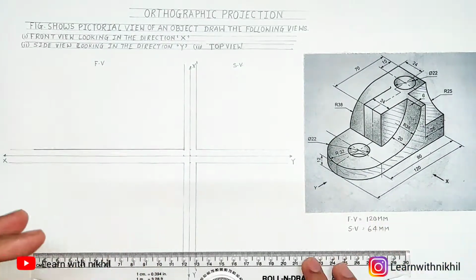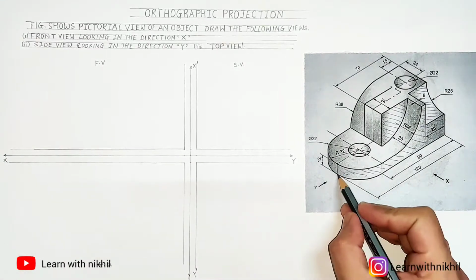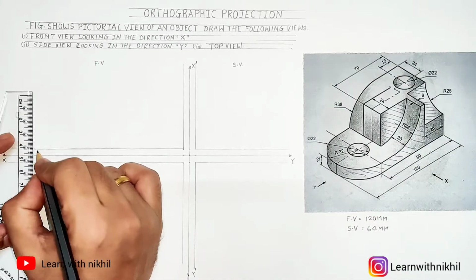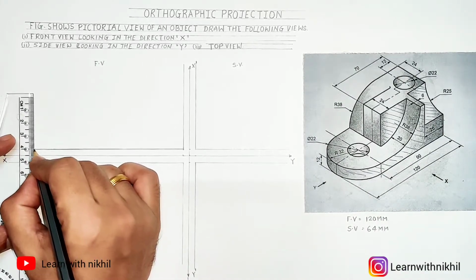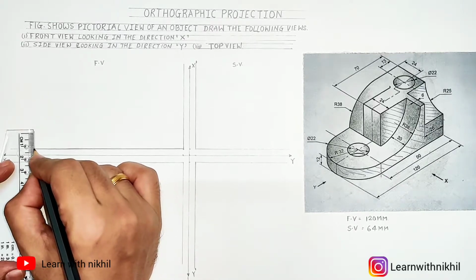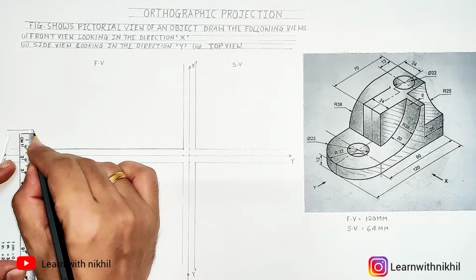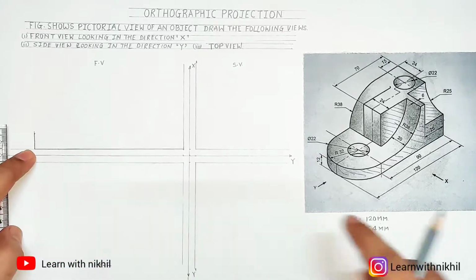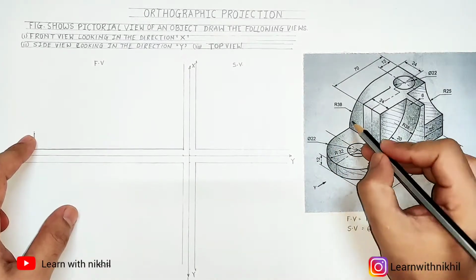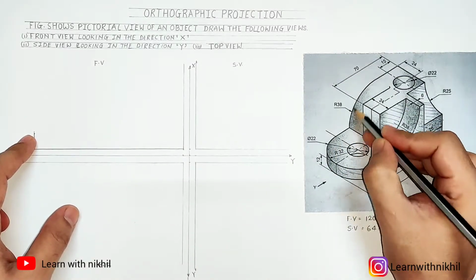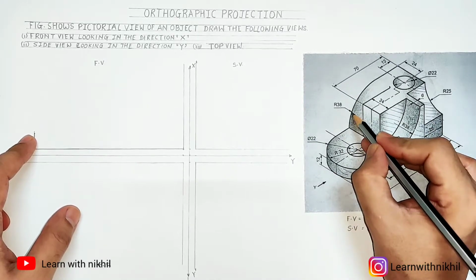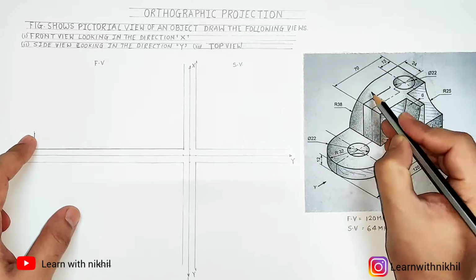Now after drawing this line, next we have a straight line of 12 millimeters. So from this point we will draw a straight line of 12 millimeters. Now as you can see this curve, the radius given is 38 millimeters, so its height will be 38.